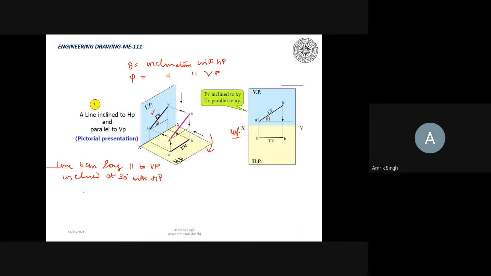Also it is given point A is 2 centimeter above HP.